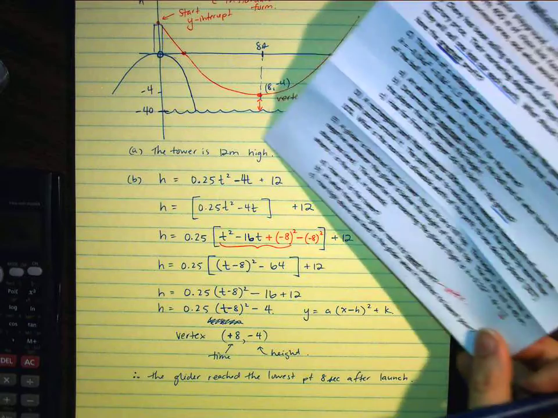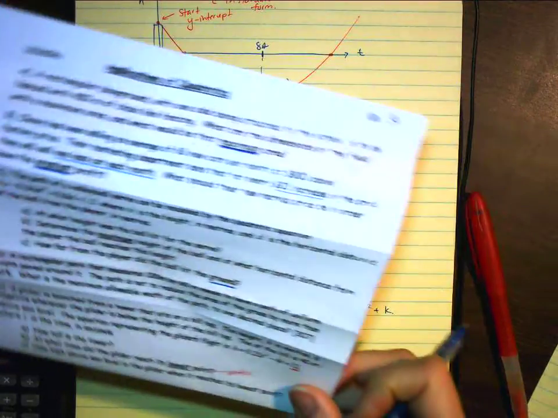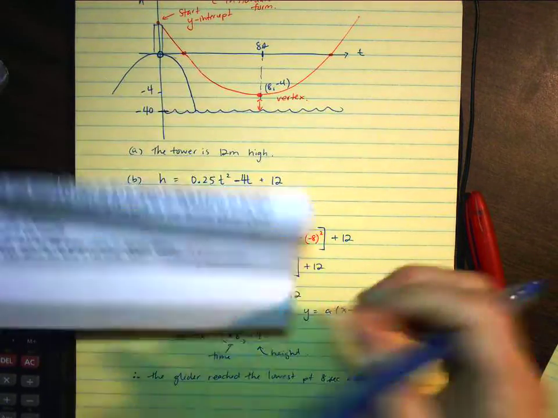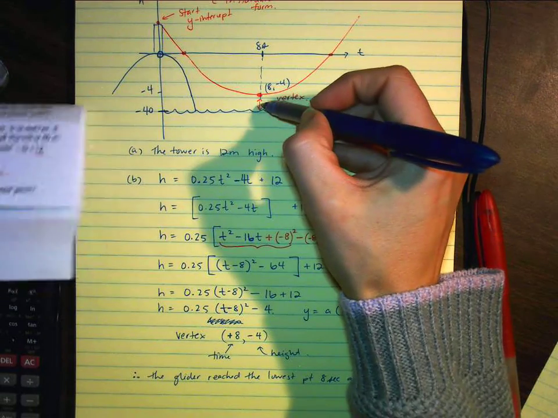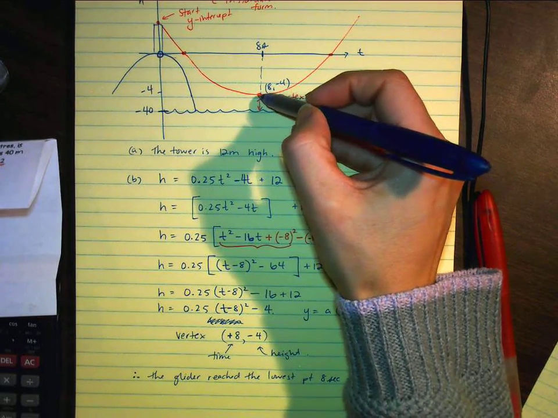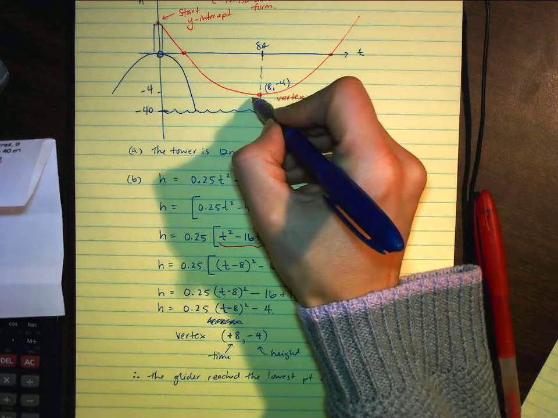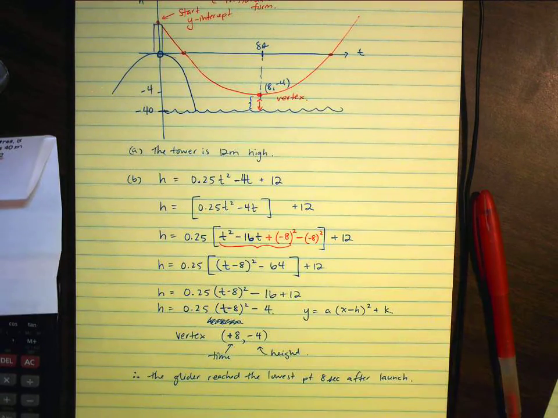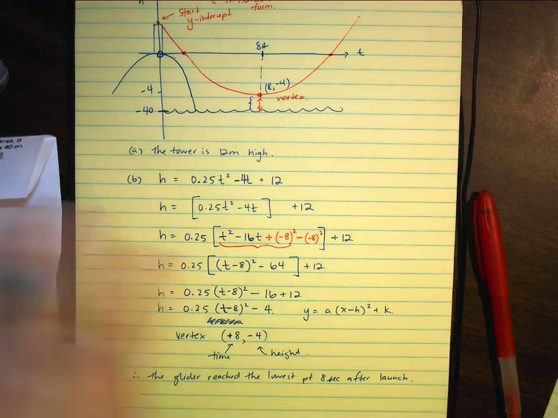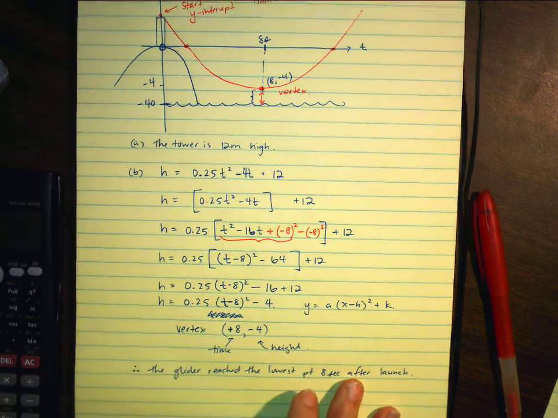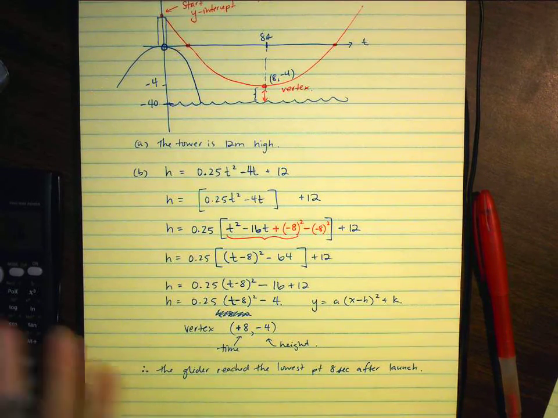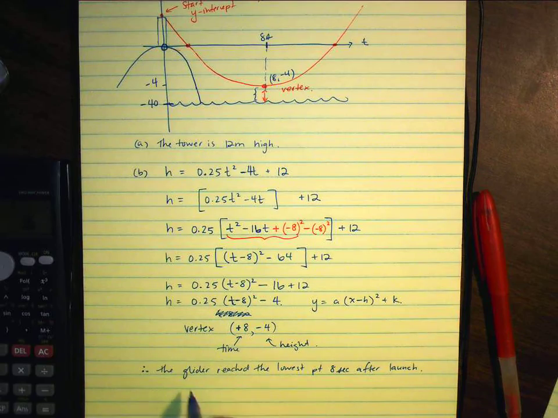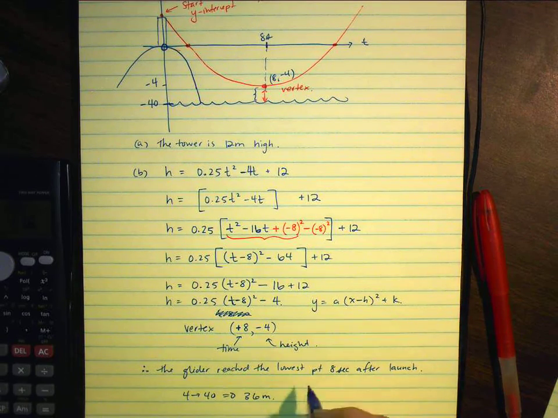C asks us how high above sea level is the glider when it reaches its lowest point. So I wanted to know between here and here. If this is negative 4 and this is negative 40, I want to know how much space is between there. Well, what's the space between 4 and 40? It's 36 meters. So therefore I am 36 meters above sea level.